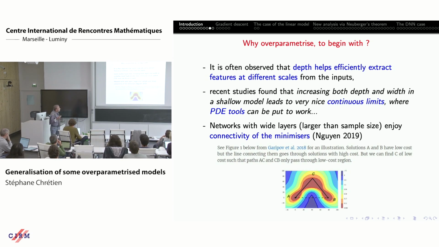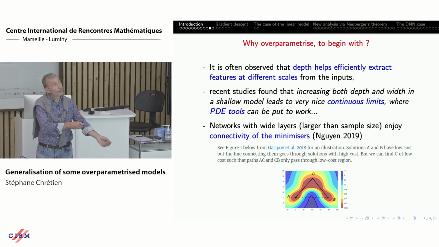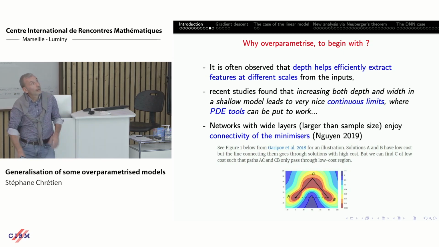So we know that overparameterization can capture different features at different scales. We know also that by having very highly parameterized models, we can model things in a continuous limit and, using PDE tools, obtain very nice results as well.